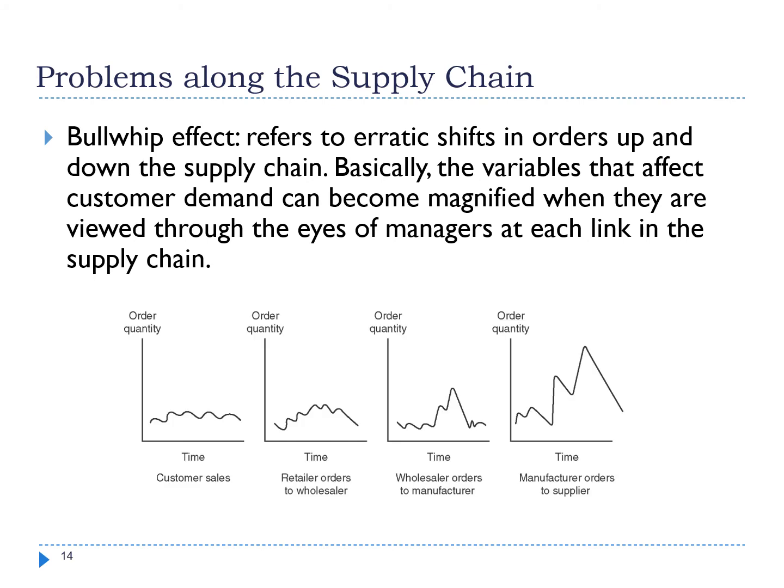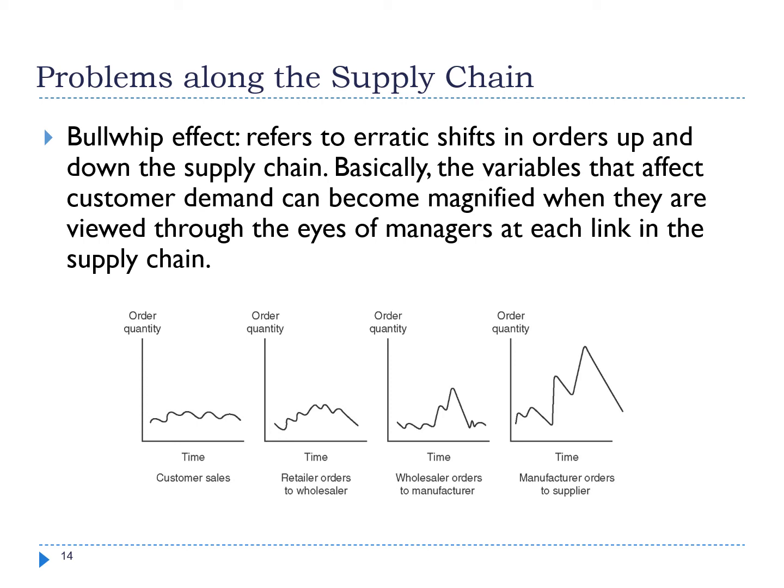If we take a look at the four figures from left to right, you can see customer sales, retailer orders to wholesaler, wholesaler orders to manufacturer, and manufacturer orders to supplier. You can also see the strange-looking variations in order quantity.